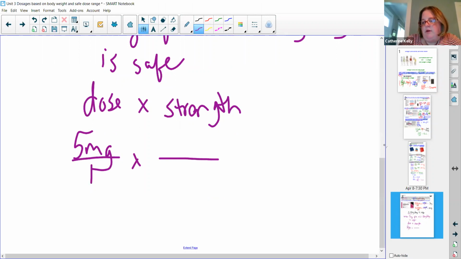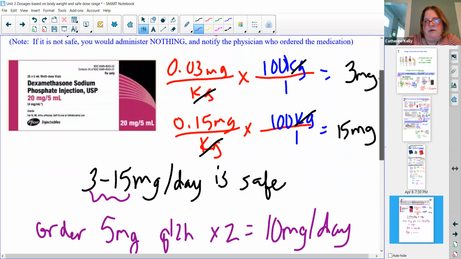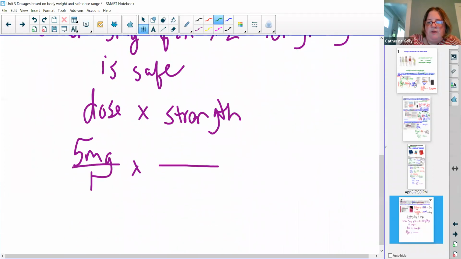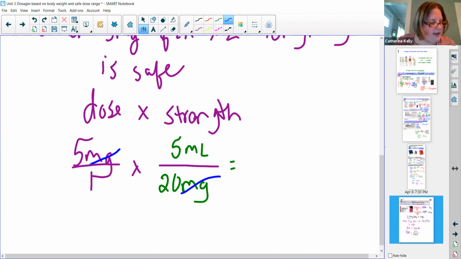And if I look at the label, my strength is 20 milligrams for 5 milliliters. And I flipped it so that my milligrams will cancel. And I can do 5 times 5 divided by 20, and I get 1.25.